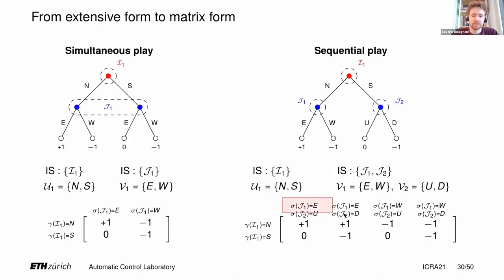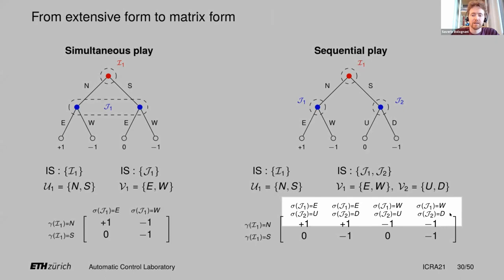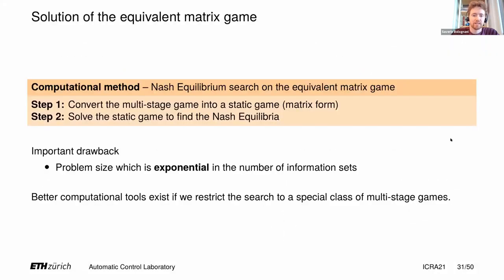You saw it here, right? This means that once I start writing this matrix, even if this matrix is only useful to store the game, finding an equilibrium in this matrix may be actually intractable quite soon if the game is big. Okay? And we'll see in the next slides that there are better computational tools if we add a little bit of assumptions to these multi-stage games.